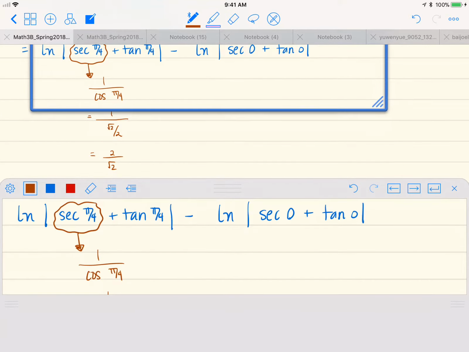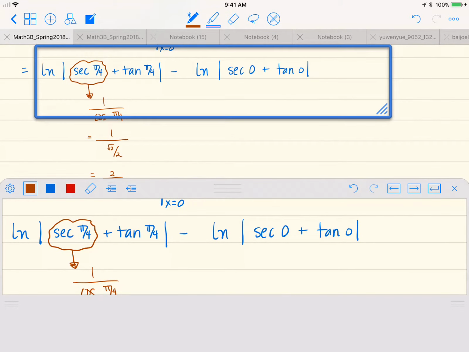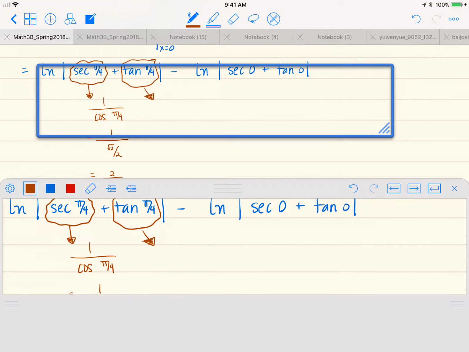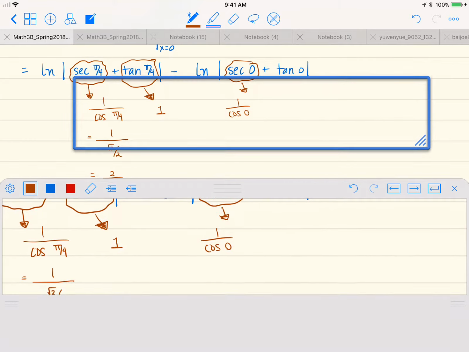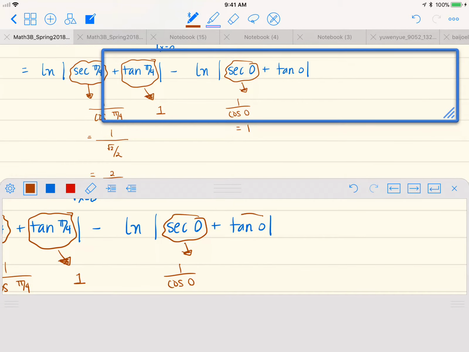Now what about the tangent of pi over 4? Tangent of pi over 4, that's just going to be 1. Secant of 0 is 1 over cosine of 0. Cosine of 0 is 1, so that's going to equal 1. And then tangent of 0 is just 0.